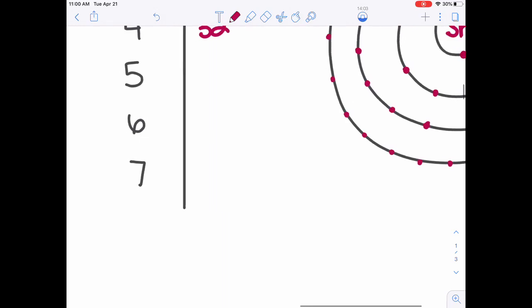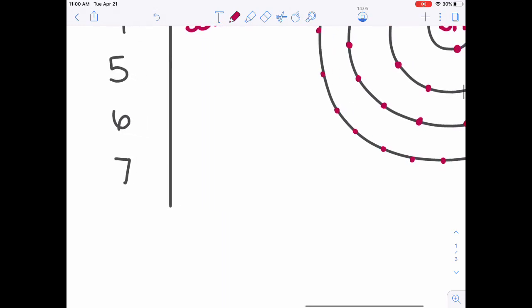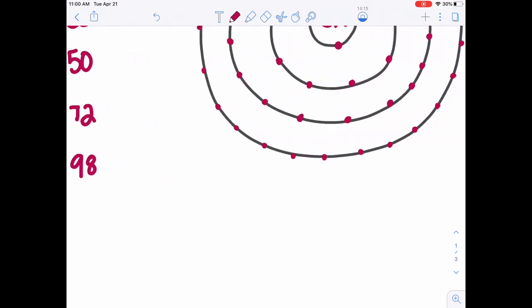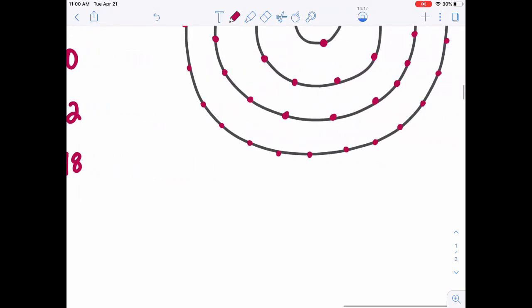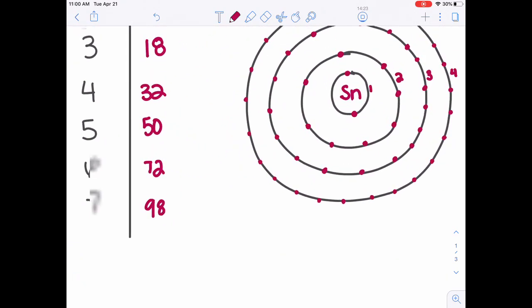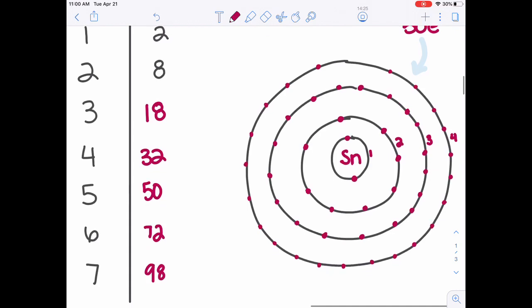To continue our table, the fifth energy level holds 50 electrons, the sixth holds 72, and the seventh holds 98. Currently, we do not have any more energy levels. It maxes out at 7, but that could change in the future.